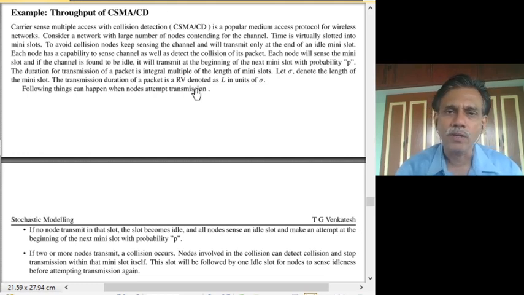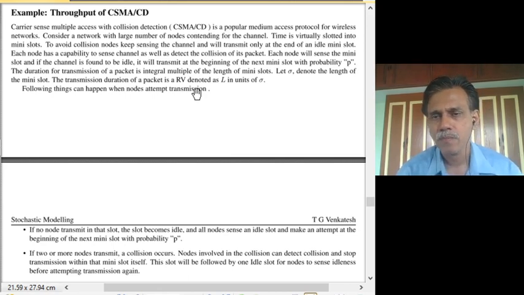So to make this protocol practically work, we divide the time virtually into slots, but we will call these mini slots. Each mini slot is the time it takes for any node to sense and figure out whether that mini slot is an idle one or a busy one, in the sense of whether the channel is transmitting something or not.